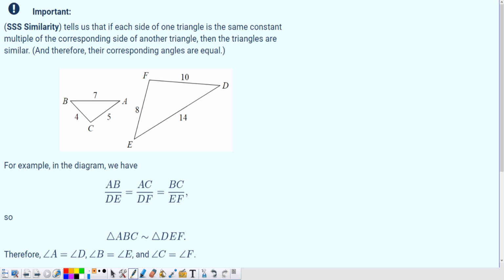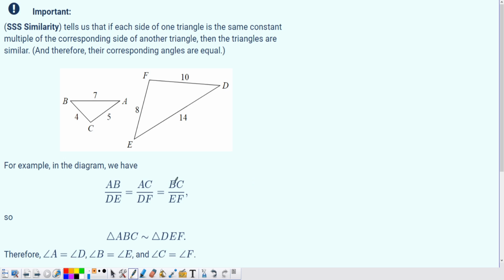Hello everyone. So as you have probably guessed at this point, we have one more theorem of similarity, that is side, side, side. Side, side, side says that if each side of one triangle is the same constant multiple or scale factor as the corresponding side of another triangle, then the triangles are similar, and therefore the corresponding angles are equal.